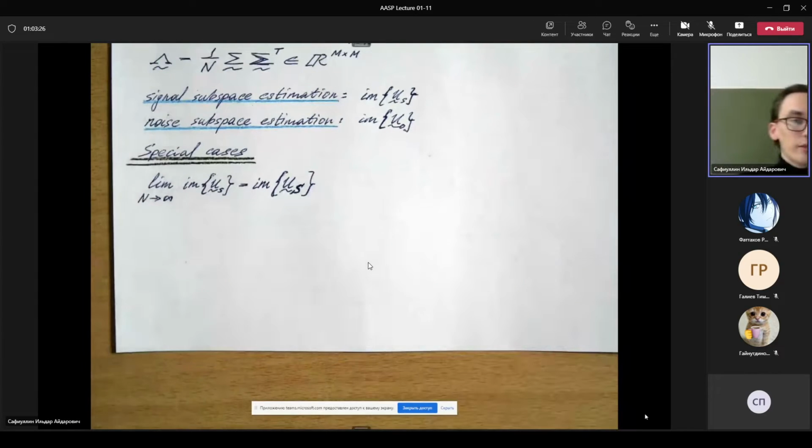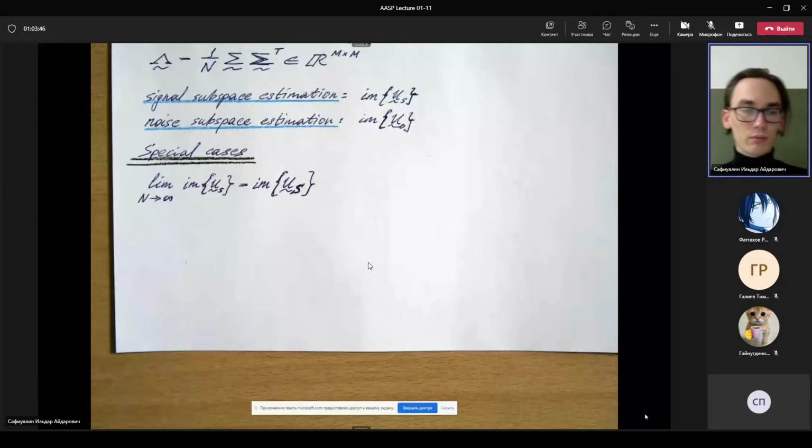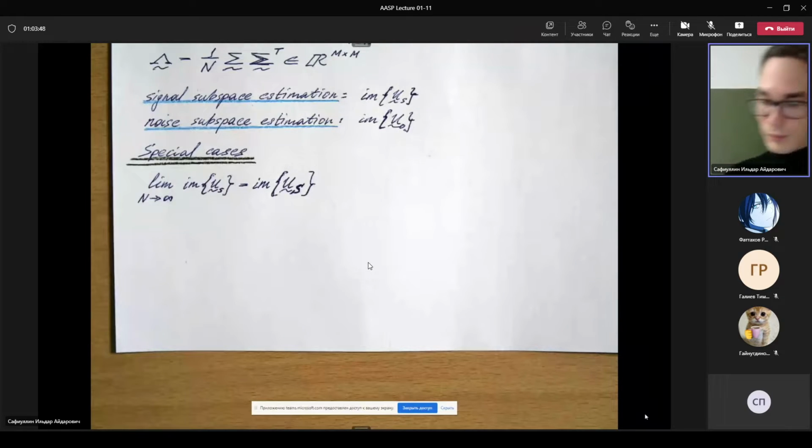In this case, we can say that as the number of experiments increases, the estimate of the signal subspace will be better, and maybe it will better fit the original signal subspace.